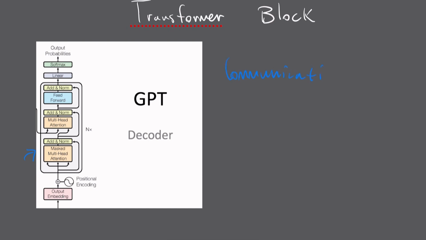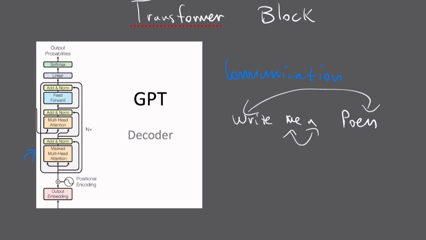Communication. We know that we pass in sequences of words into transformers. So let's say we passed in write me a poem. At some point, the model needs to realize which parts of this sequence of words to pay attention to, and specifically which pairs of tokens are more important. So in the attention layer, the model will consider every single pair of tokens, this pair, this pair, this pair, and every single pair of tokens in any sequence, and the model will figure out which pairs of tokens are relevant to each other.